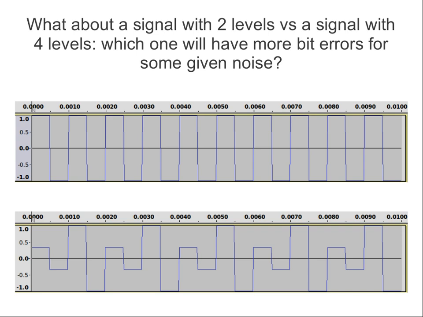And the question is, how many levels? That's the number of bits per level. If we have 8 bits per level, how many different levels do we need?